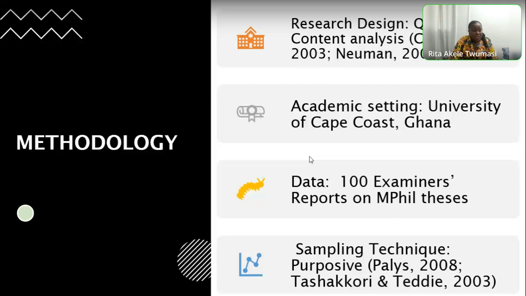The study is qualitative and it employs content analysis. It focuses on 100 examiners' reports, selected from 4 departments, namely English and History from the Faculty of Arts, and Population and Health and Hospitality and Tourism Management from the Faculty of Social Sciences at the University of Cape Coast.